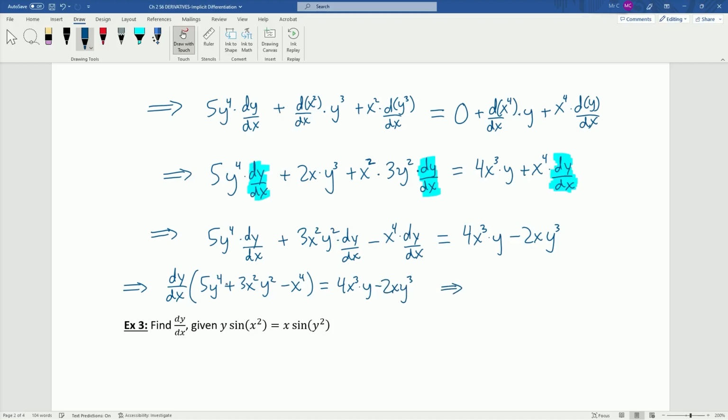And finally, I'm just going to divide by this thing that's multiplying dy dx. So I've now fully isolated dy dx, and I get 4x cubed y minus 2xy cubed over 5y to the fourth plus 3x squared y squared minus x to the fourth.